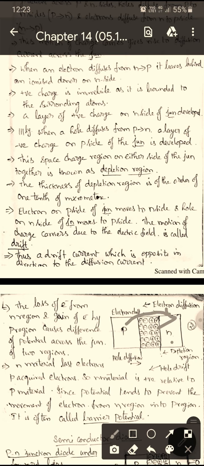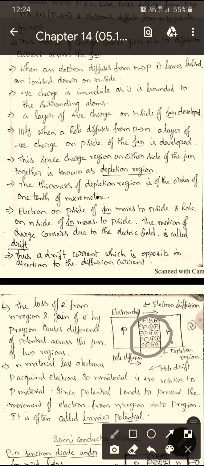This space charge region on either side of the junction together is known as the depletion region. That is, these positive and negative charges formed on the sides of the n-type and p-type semiconductors are together called the depletion region. The thickness of the depletion region is of the order of one-tenth of a micrometer.